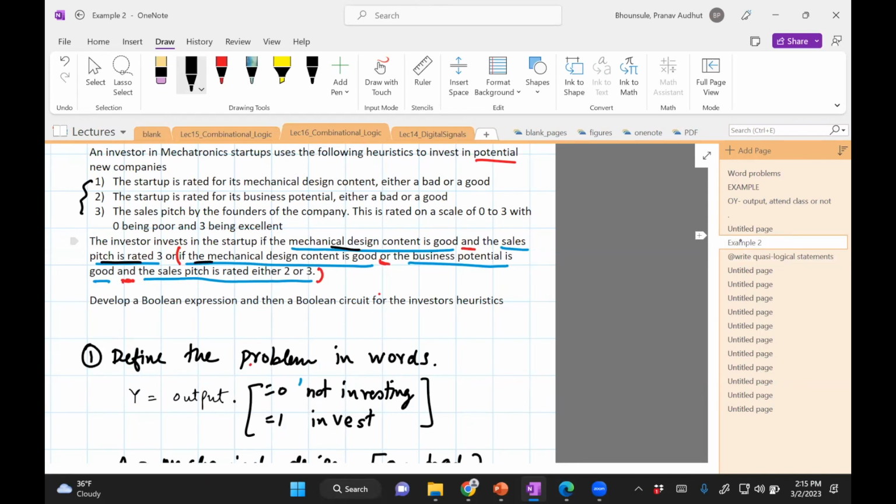Next one is the mechanical design is good, or the business potential is good, and the sales pitch is rated either 2 or 3. Okay, so let's write that down, and remember that there's an or here.